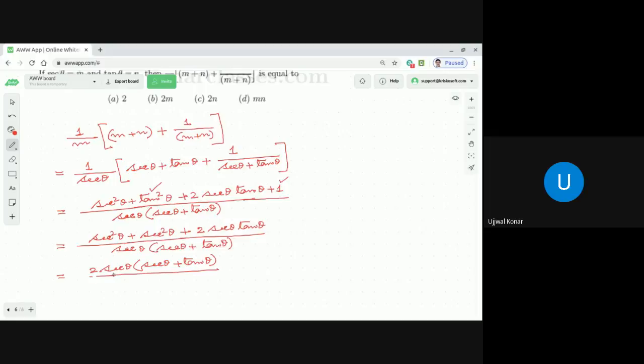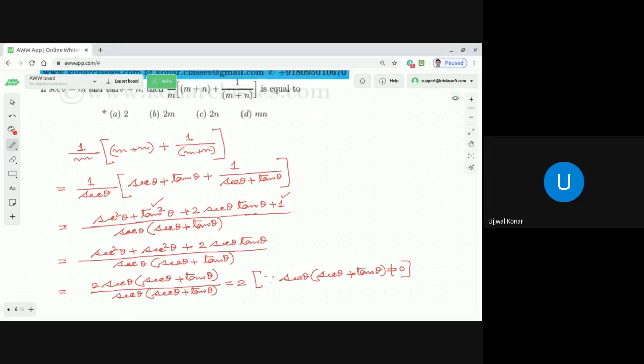And in the denominator, we get sec theta into sec theta plus tan theta. So this is equal to 2, since sec theta into sec theta plus tan theta is not equal to 0. So we get the correct option as option 2.